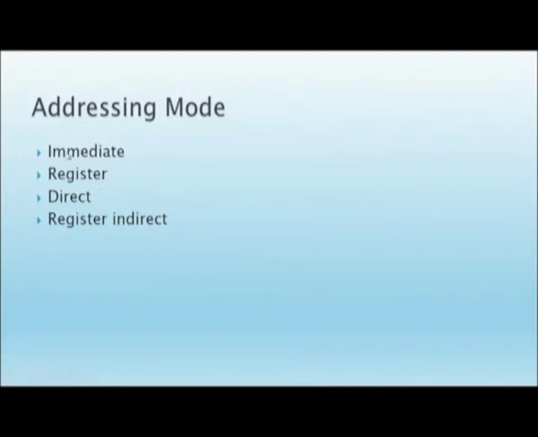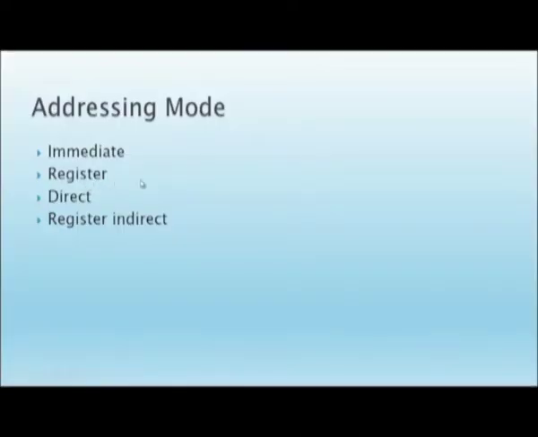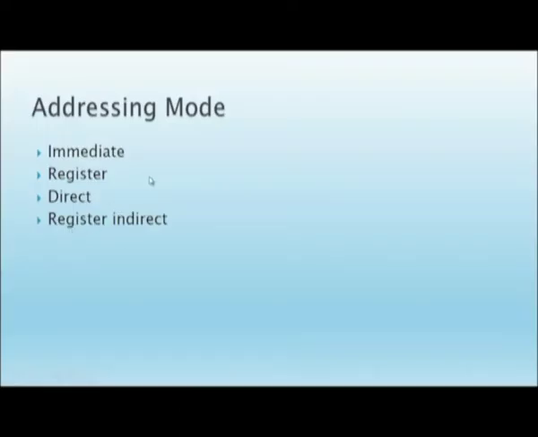Immediate addressing mode means the data is available immediately, and it is mostly used for initialization purposes, for example MOV A, comma some data. Register means both source and destination are registers. Direct means we use the address to specify the memory. So, memory access related instructions will be used in either direct addressing mode or register indirect addressing mode.